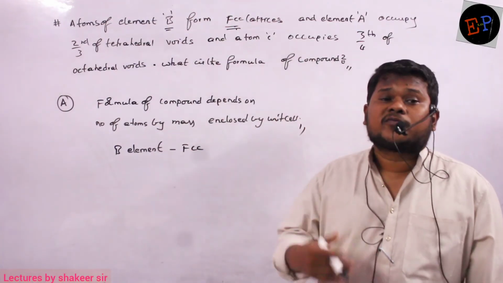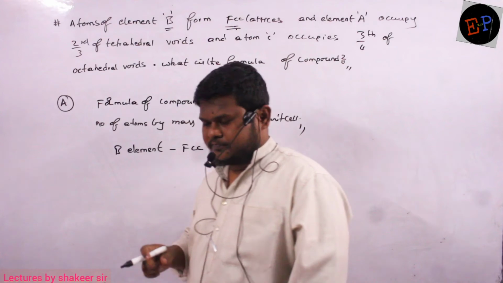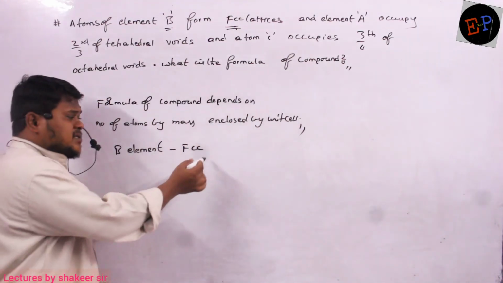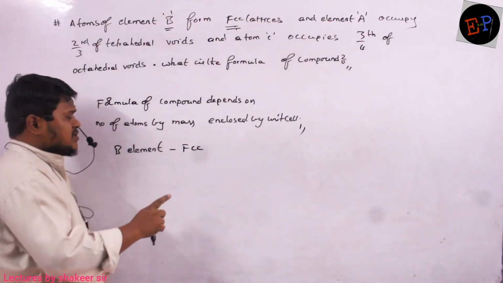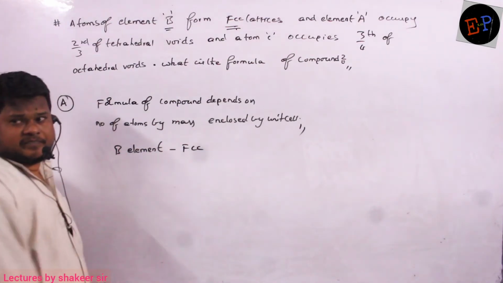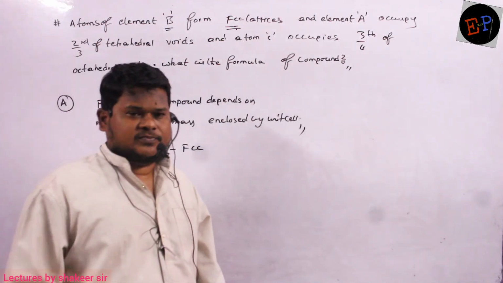Can you tell me? In the total FCC lattice, it is equivalent to the unit cell enclosing 4 atoms of element B. How can I say it is 4? Do you remember?